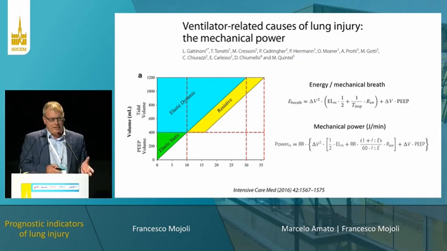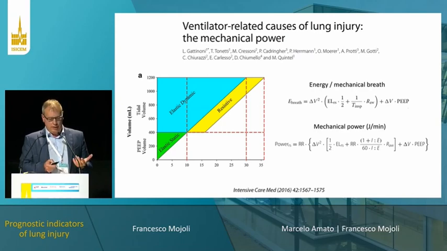So there is an elastic and a resistive component. And if we multiply times respiratory rate, we get the mechanical power. That probably is even more important than the energy per breath.